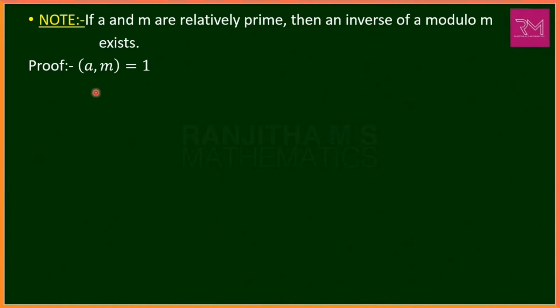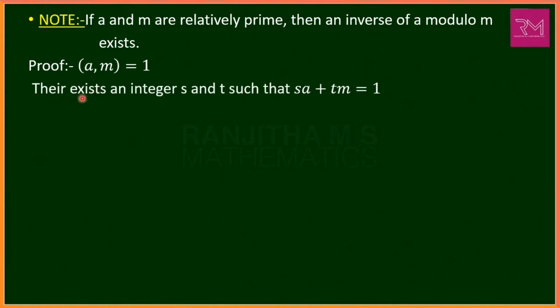In that case, to find the inverse modulo, we take integers s and t. Here the inverse of A modulo M exists. That means there exist integers s and t such that sa plus tm is equal to 1. To solve for the inverse value of any number in a congruence, first we check whether the GCD of A and M is 1, that is, whether they are relatively prime.